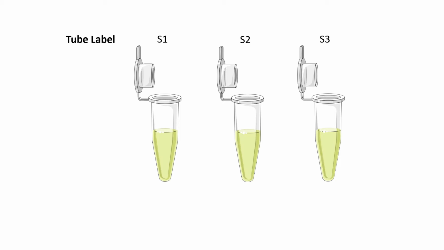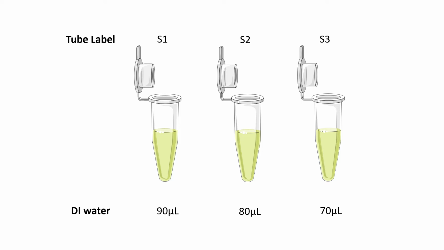Next, we want to fill up the Eppendorf tubes S1, S2, and S3 with an equal volume of solution. To do that, we're going to fill up tubes S1, S2, and S3 with 90, 80, and 70 microliters of deionized water or DI water respectively.